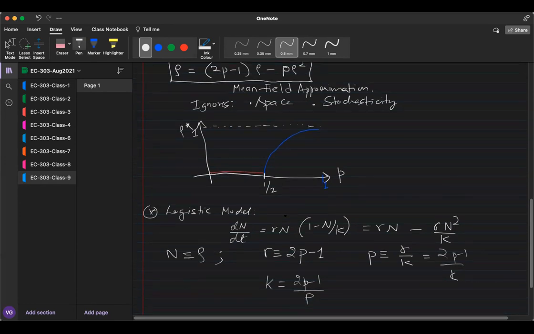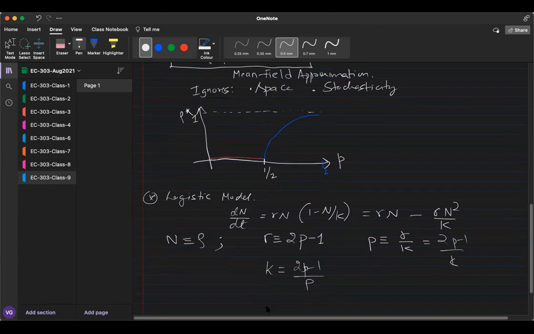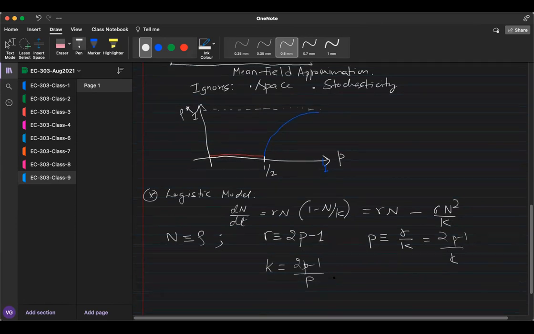I encourage you to redo the model assuming that death was an independent rate parameter, think of it as a probability again, and redo the entire derivation. For the way I described it, it's not surprising that there is a constraint here: R and K are both defined in terms of p. But the point I'm going to make will not really change even if we introduce a different parameter.